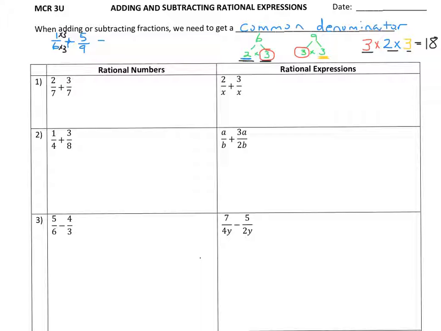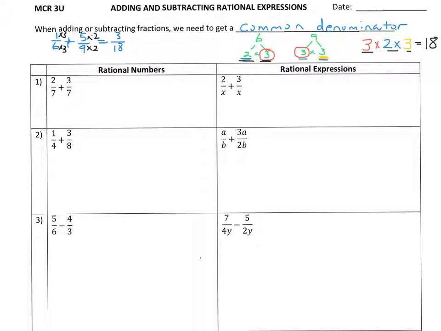So 1/6 is equivalent to 3/18. Now the 5/9, if I look at my factors with 5/9, the 9ths had factors of 3 times 3. I need an extra times 2 to turn that into an 18. That was the extra factor that was missing. So I'm going to times the 9 by a 2.